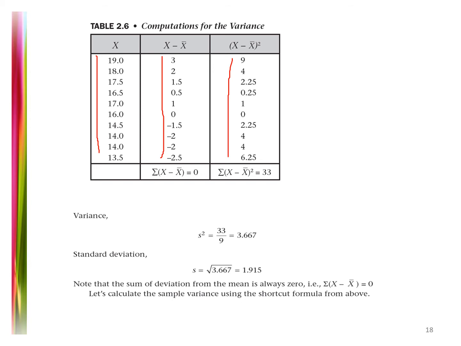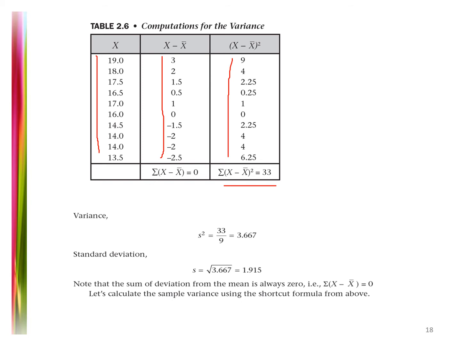So this column should be equal to the summation of x minus x bar, all this squared. That should be equal to 33. So we can write that the variance, s squared, is equal to the summation of x minus x bar squared divided by n minus 1. In this case n is equal to 10, so n minus 1 is equal to 9.